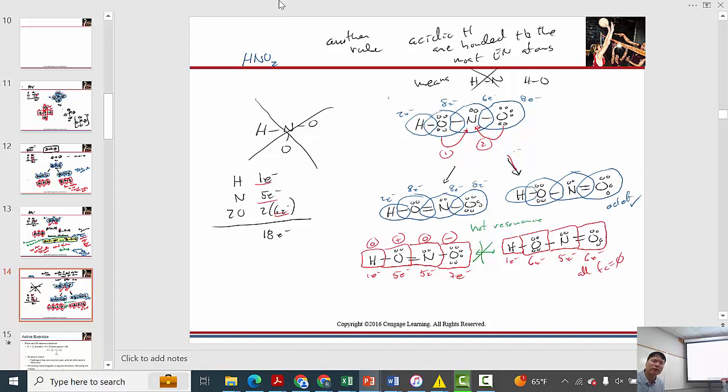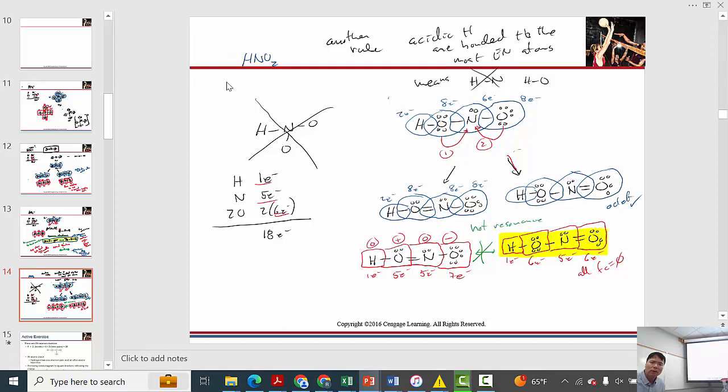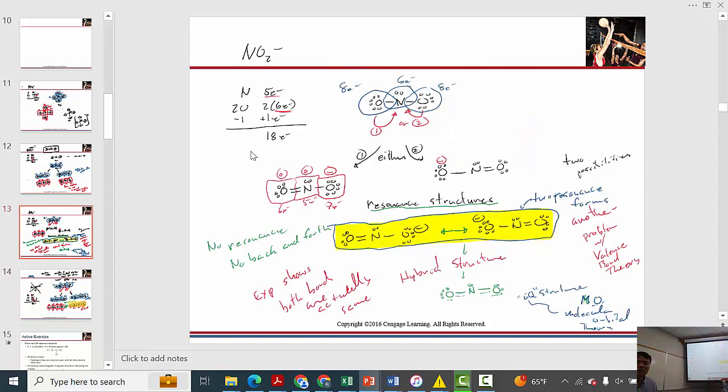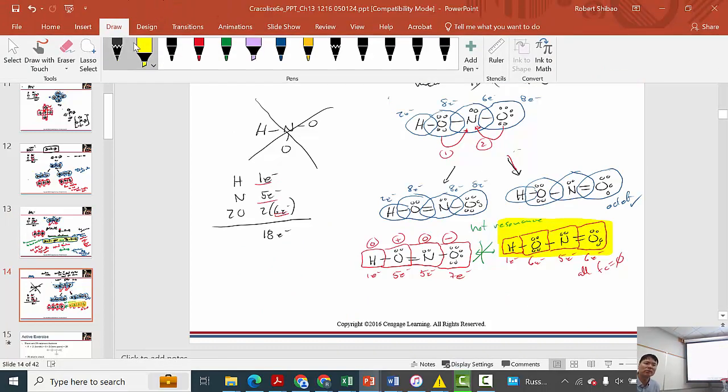There's one clear winner here, and that clear winner is the right one. Versus in the previous example, was there a clear winner there? No, in the previous example, those were the same energy. In this one, they're totally different energies, and therefore there should be only one structure for this, and that one structure is going to look like this.